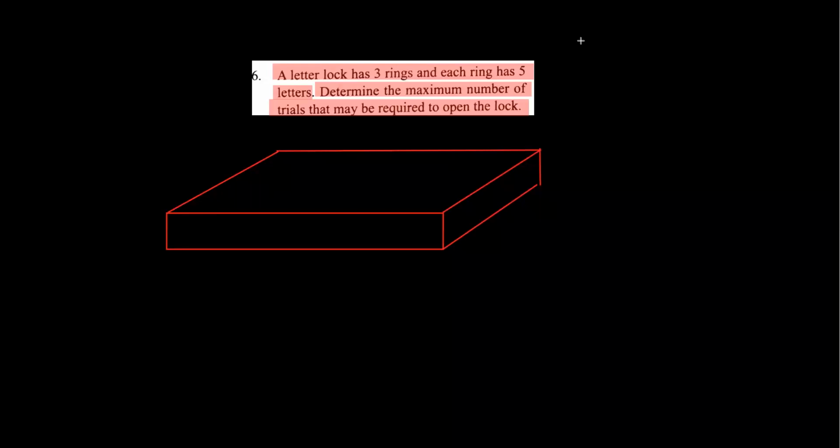So what you normally do is fix up a code. There are 3 rings in the lock as per the given instruction. This is the first ring, this is the second ring and the third ring. So, there are 3 rings.